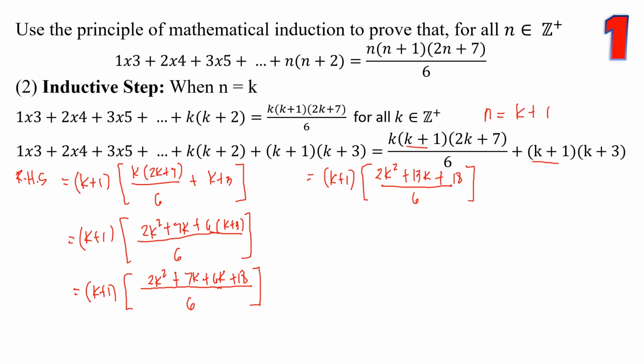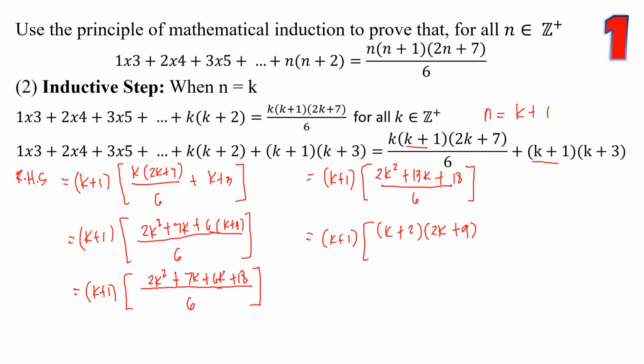This time, let us factor the quadratic expression in the numerator. Then we will have k plus 1 times, we have two binomials, k plus 2 times 2k plus 9.